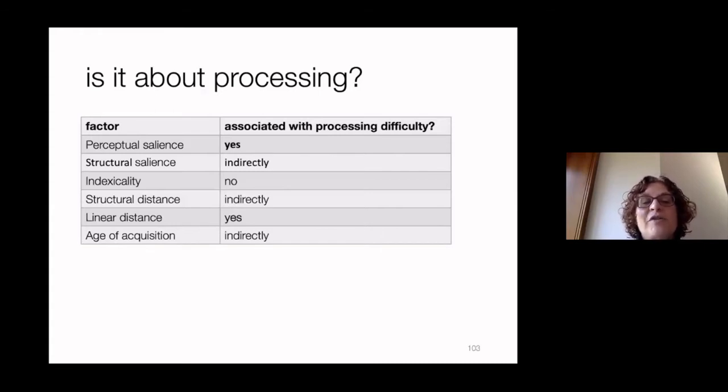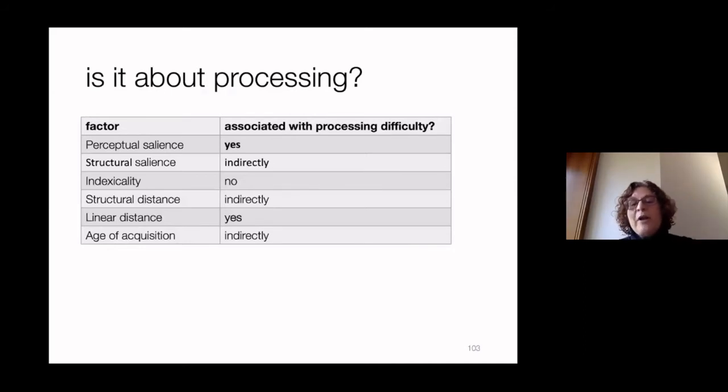Indexicality, which plays a significant role in heritage grammars, does not seem to be associated with processing difficulty or processing ease. Structural distance, just as structural salience, may only be indirectly connected to processing difficulty. Linear distance is connected to processing difficulty, and age of acquisition may only be indirectly connected to processing difficulty.